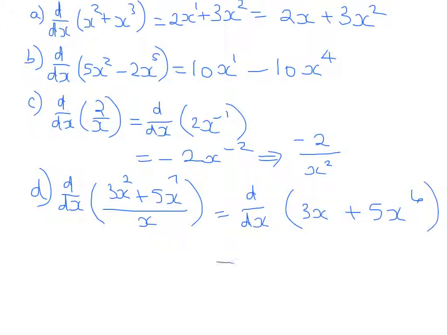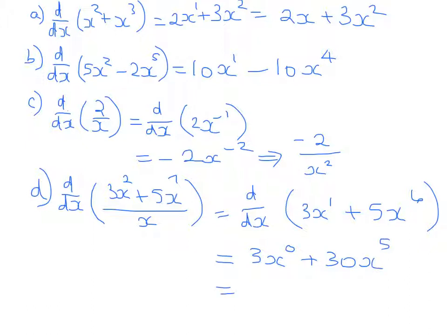Okay. And then our same rules apply now. This is 3x to the 1. So 1 times 3 is 3x. If I reduce the 1 by 1, I get a 0. So we'll fix that up in a minute. Over here we've got 30x to the 5th. That's a straightforward one.